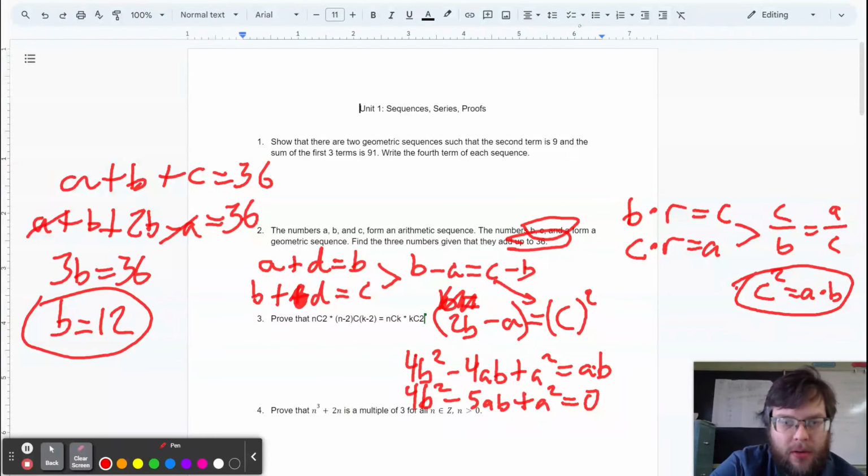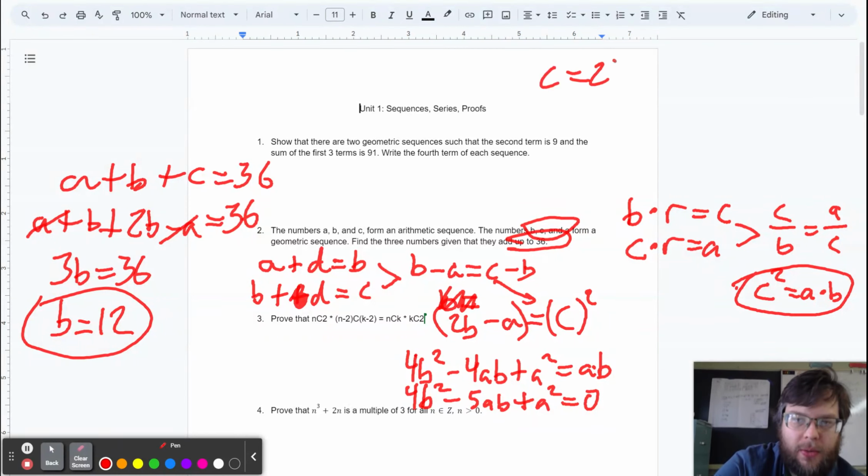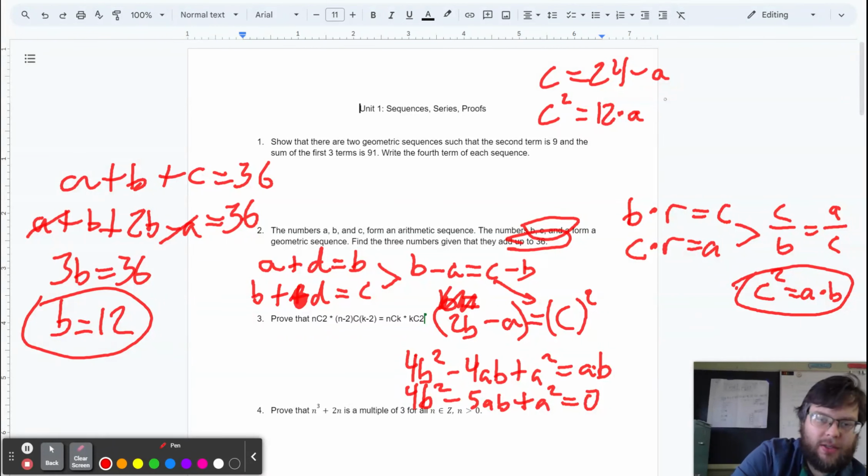So then I know that C is equal to 2B minus A, so C is equal to 24 minus A. And I also know that C squared is 12 times A. I can go back down to the equation at the bottom, 4 times B squared minus 5AB.